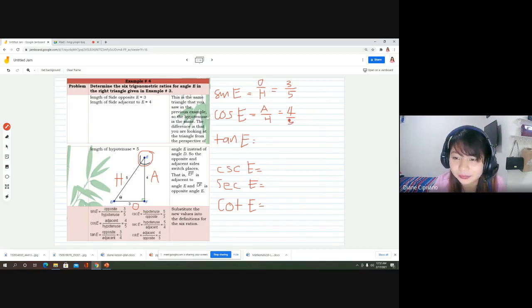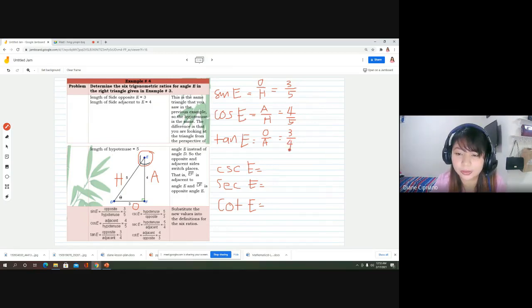Very good. Next, for our tangent, it is TOA, or opposite over adjacent. Your opposite here is 3 and your adjacent here is 4.